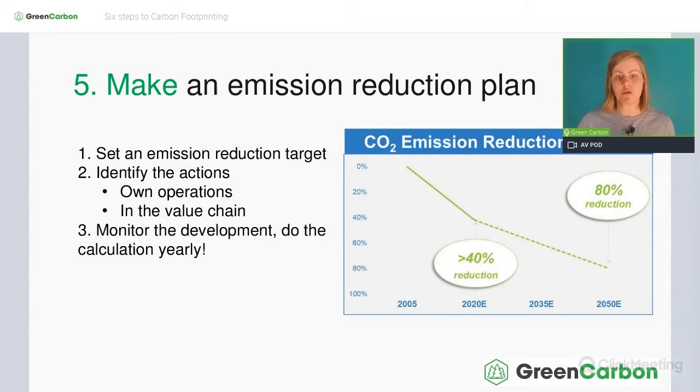Of course, in the value chain you don't have so much control over the actions, but you can also take actions to reduce the value chain emissions, for example, changing the supplier, or requiring certain things, like requiring that the manufacturer uses renewable energy. And then you monitor the development and do the calculations yearly.